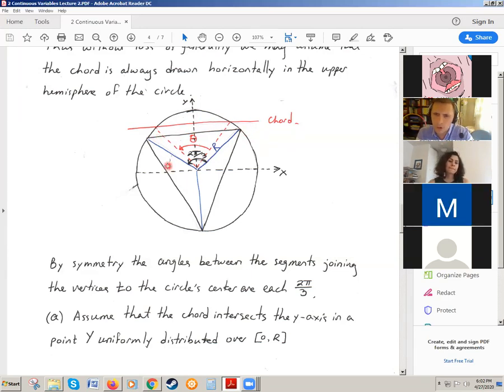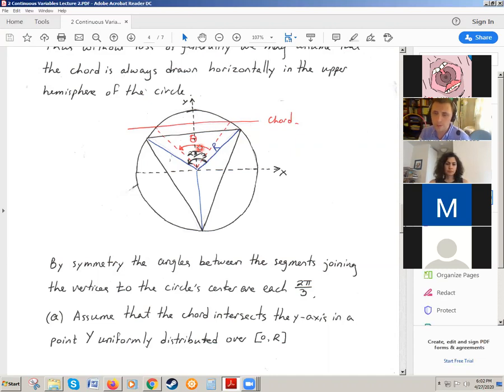Remember, before we said this red line is randomly distributed from 0 to r, and we found the probability that this chord is shorter than the side of the triangle to be 1/2. But on the other hand, if theta is random, then we find this probability to equal 2/3.